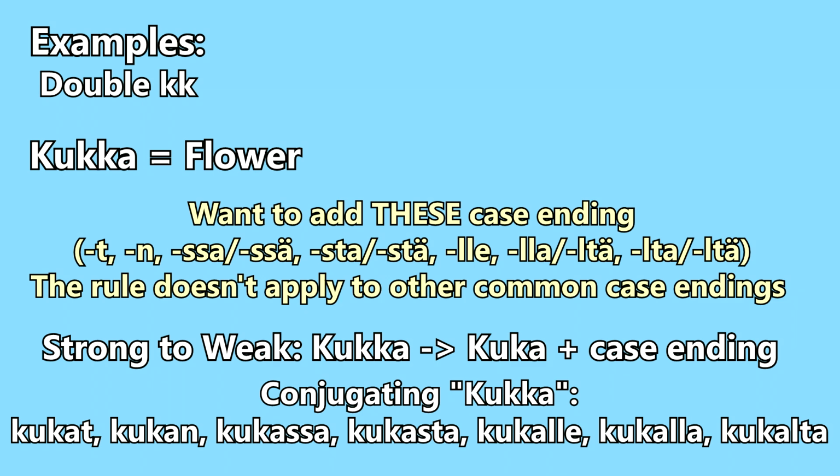Kukkat is chunky to say, it's a bit difficult, and therefore as Finnish evolved, we've come to just drop one of the Ks to make it easier to say. So kukka turns to kukat.